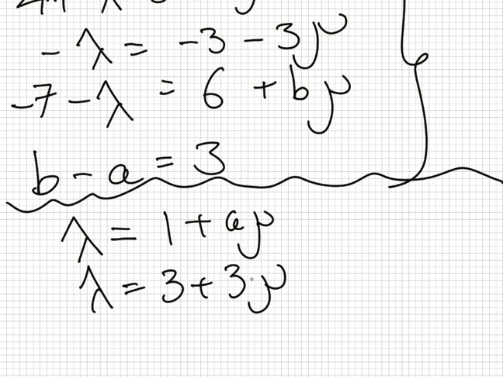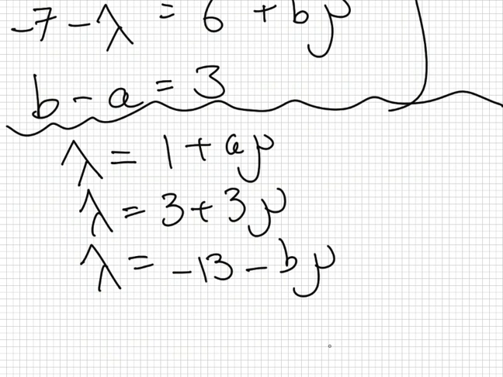The third one, I got lambda equals minus 13 minus b mu. And then finally, 3 equals b minus a. Where did you get b minus a? From the first part.